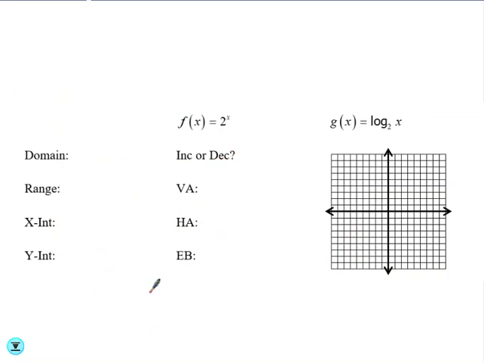So let's compare the graphs of f of x equals 2 to the x and g of x equals log base 2 of x. So first, if I think about the exponential function, we know from the previous video that this has a horizontal asymptote at y equals 0. If you find it helpful to make the t-chart, you can do that.